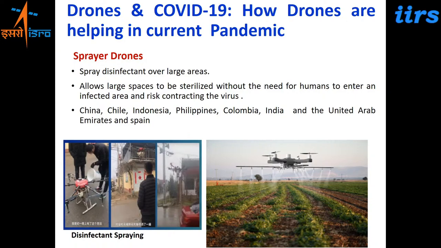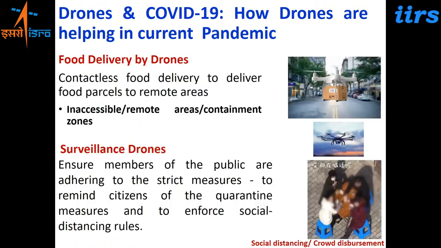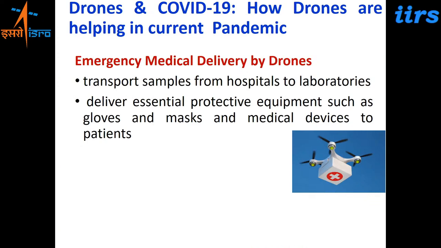So many countries have used drones as disinfectant sprayers, and they have also been used in food deliveries in inaccessible and remote areas, surveillance drones to monitor the crowd in the pandemic scenarios, and also for emergency medical delivery by drones, even collecting blood samples from remote locations and bringing them to the laboratories, where in remote areas these lab facilities are not there. So providing gloves, masks, sanitizers, and other medical devices to the patients in remote areas.